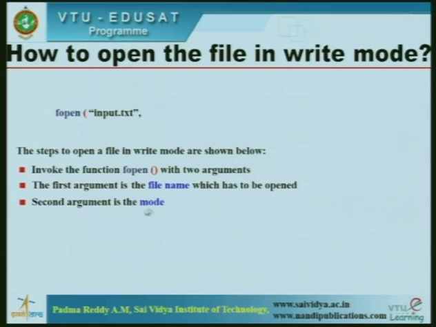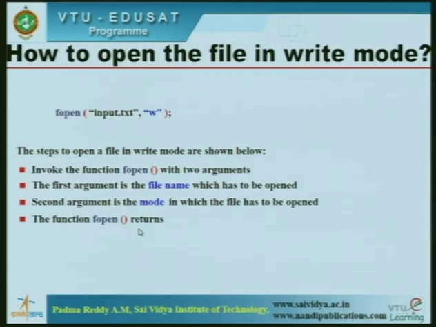The second argument is the mode in which the file has to be opened. Now we are supposed to open the file in which mode? Write mode. So what should I write here? W within double quotes, close the parenthesis and end with a semicolon.